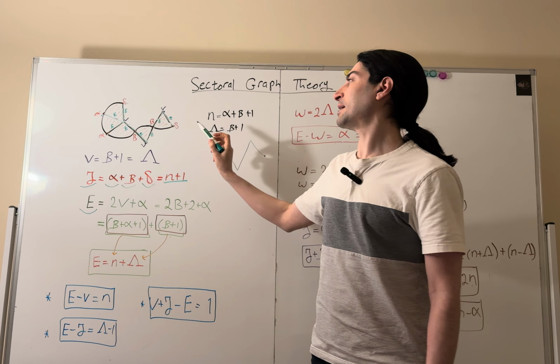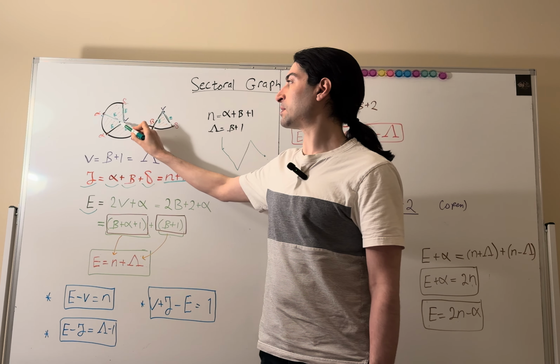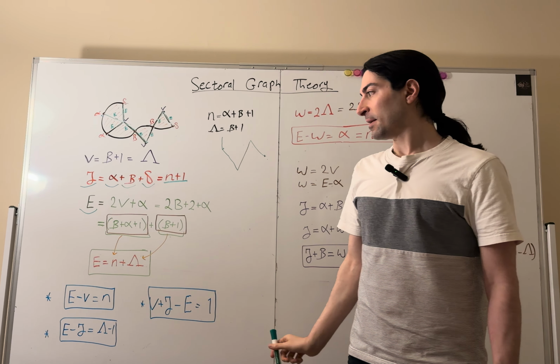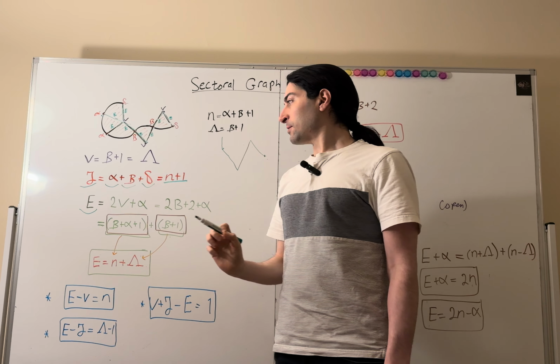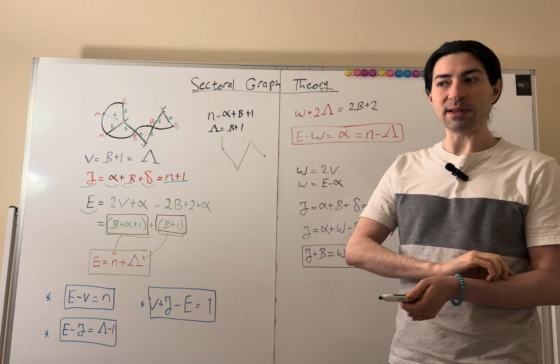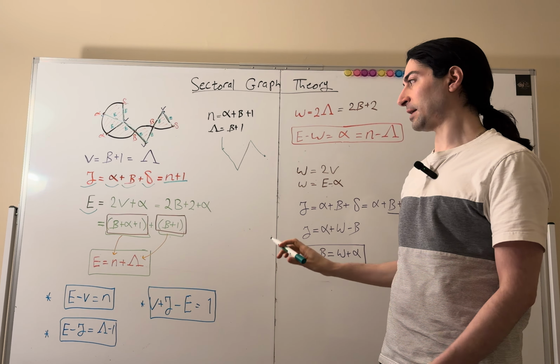However, E in this case is equal to 1, 2, 3, 4, 5, 6, 7, 8. Now, let's start by figuring out how to calculate E for any sectoral structure without having to draw it.